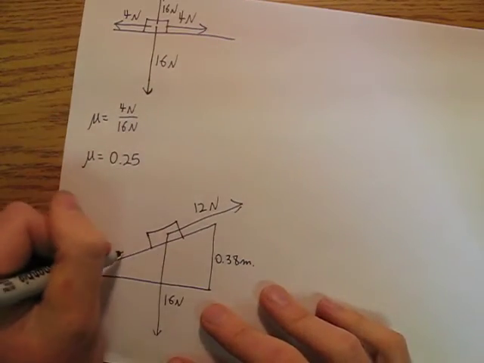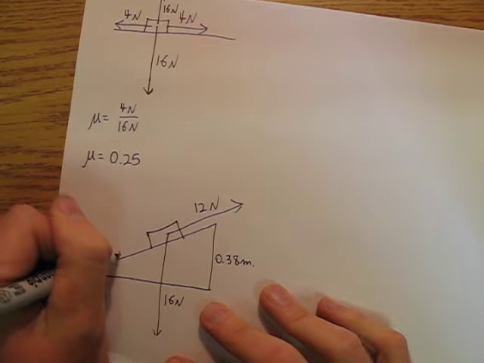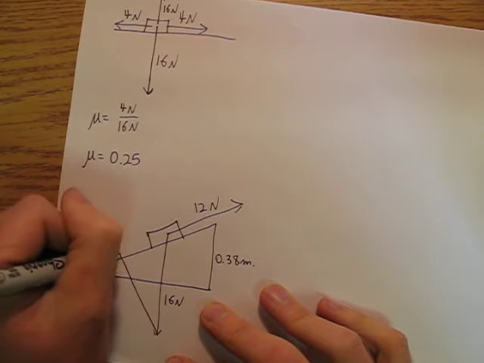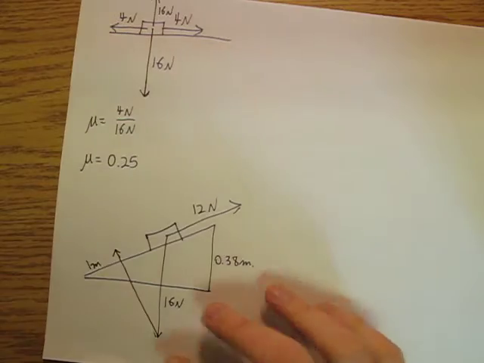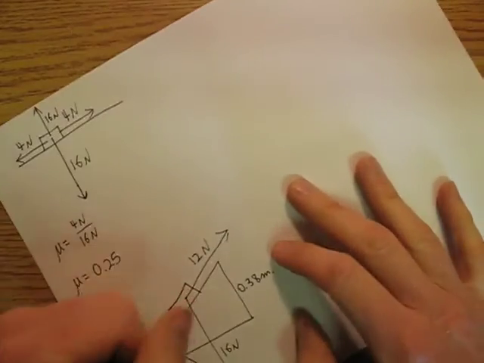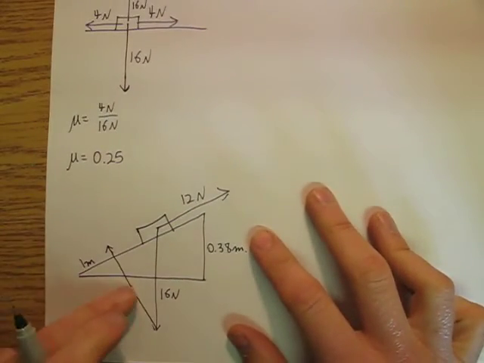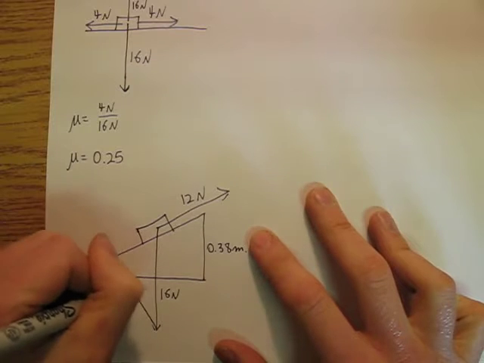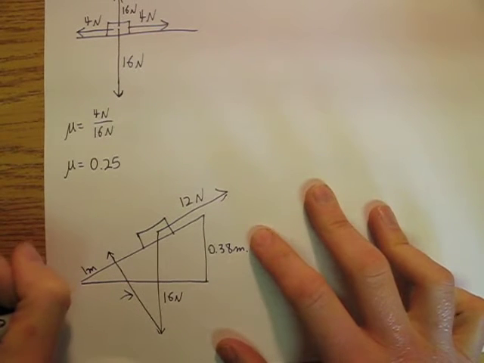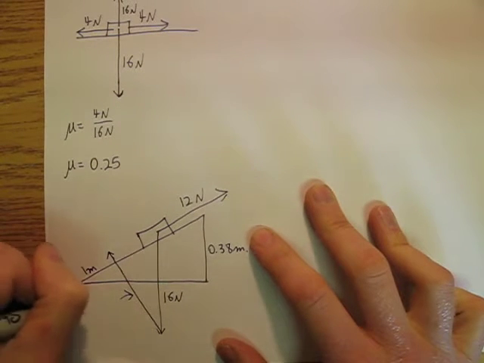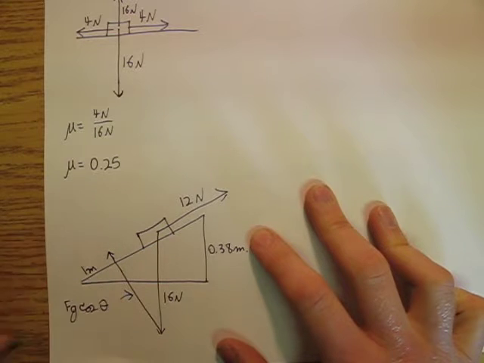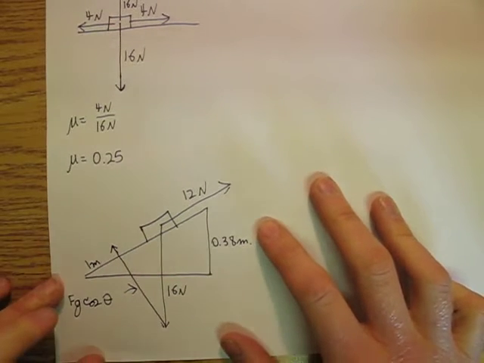So I'm going to make a perpendicular, and I know that one right there is going to be Fg cosine theta, but I don't know what theta is yet.